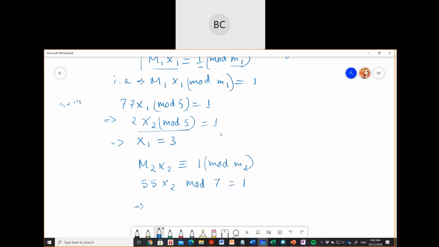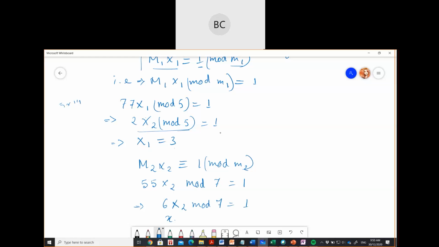We can minimize it a bit: 6 x2 mod 7 equal to 1. So we need to find a value for x2 such that if we multiply with 6 and divide by 7, the remainder will be 1. If I multiply 6 into 6, 36, 7 into 5 is 35, the remainder will be 1.